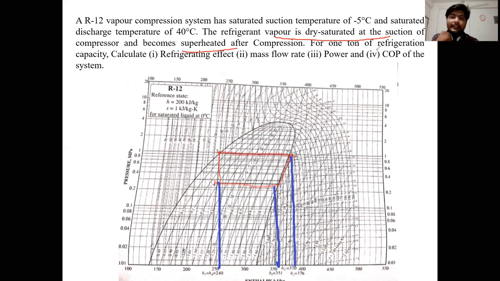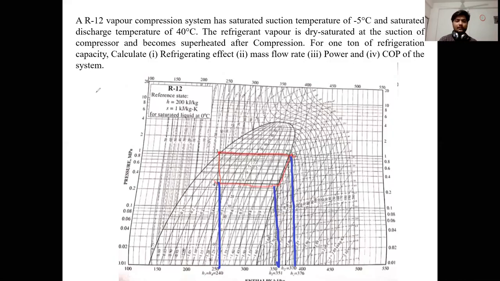Now, for 1 TR refrigerant capacity, that means Q is given, 1 TR equals 3.5 kilowatt. Calculate the refrigeration effect, mass flow rate, power, and COP of the system.